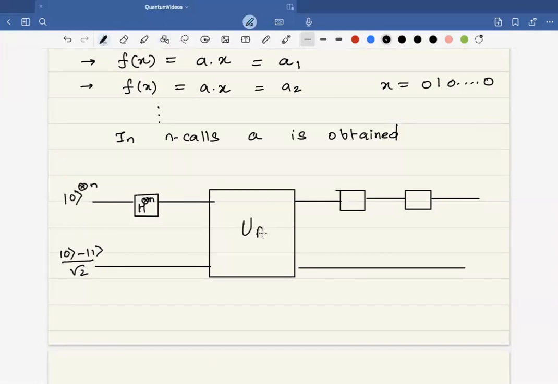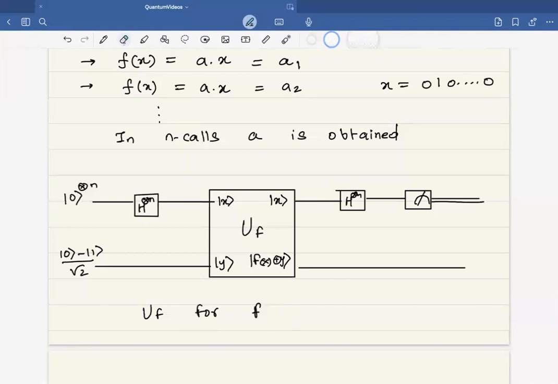This is U of f. Then this is again H tensor n. This is the measurement, and finally you get a classical result. This is again the same circuit, except that the U of f implementation will be different because you are implementing U of f for f of x equal to a dot x.